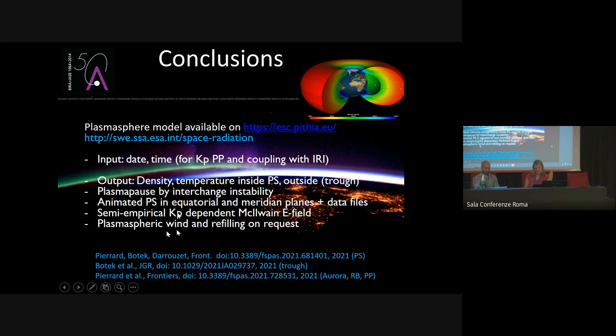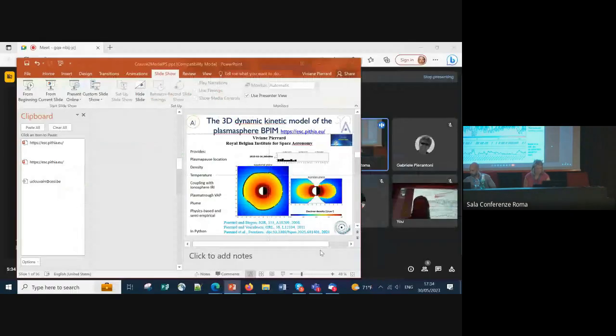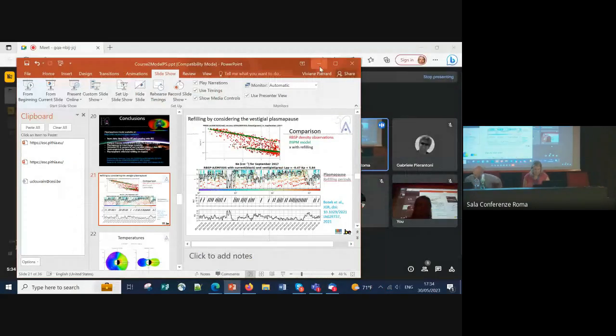So you need not only 24 hours before, but a much more important time interval to analyze if you want to reproduce them. Here you have the main recent publications about the model and the comparison with the observations to validate the model.